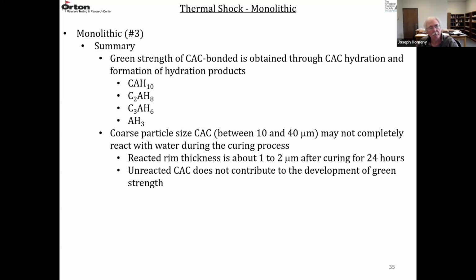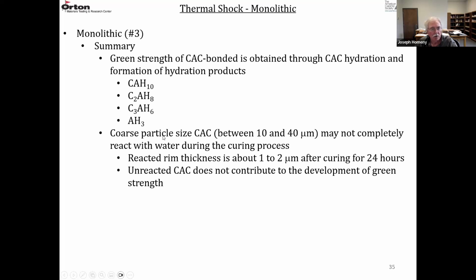So you don't want to cast at temperatures below room temperature. You can see that this has a lot of water in it. So when this dehydrates, it's going to create a lot of porosity and be the weakest of all these different hydrated phases. AH3 is going to be present in all of these, most likely amorphous below room temperature. So that's just a little bit of background on the phases that develop in the castables when they hydrate.